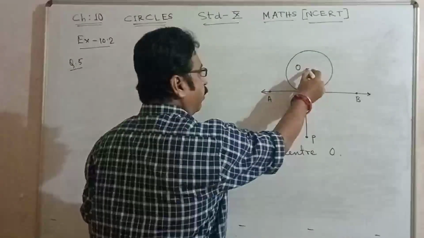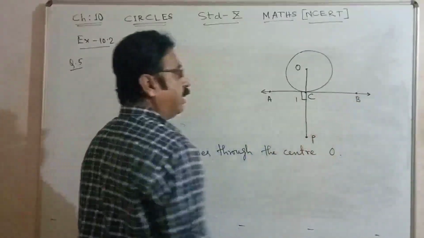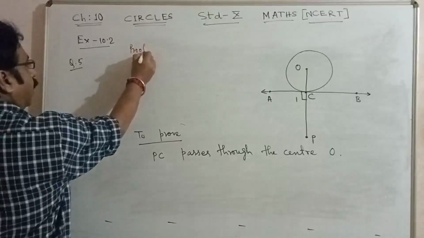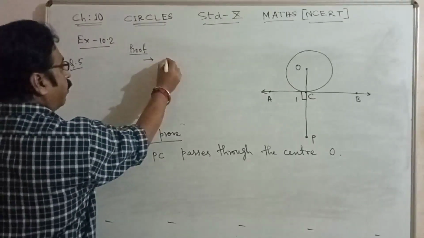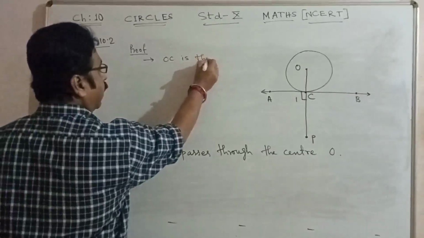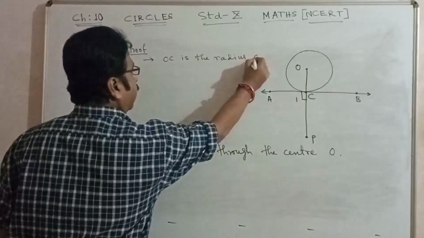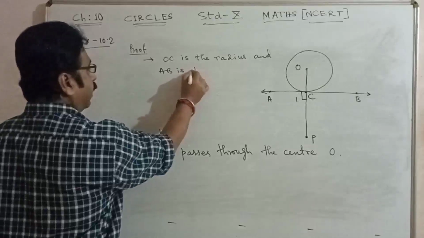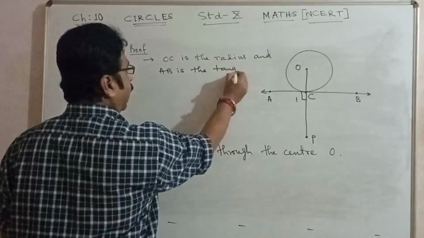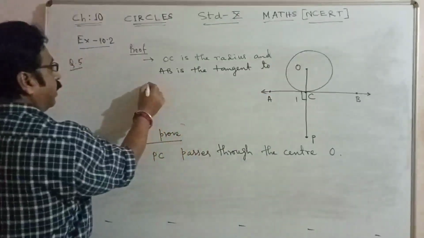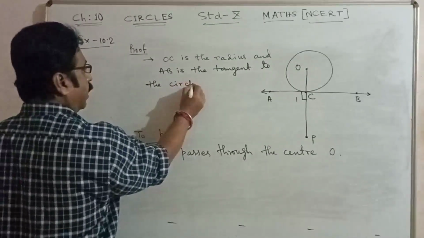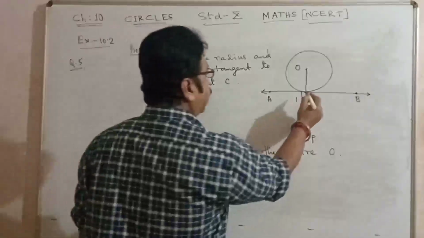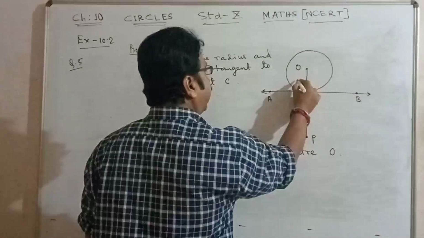Theorem 10.1, OC is the radius and AB is the tangent at the point of contact C. OC is the radius and AB is the tangent to the circle at the point of contact C. So, this angle, suppose this is angle 2.